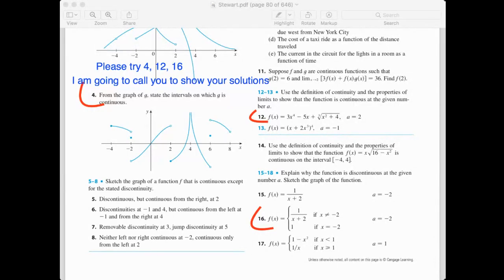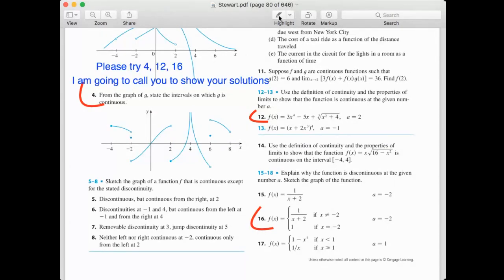For number 4, the continuous intervals are [-4, -2), then (-2, 2), and [2, 4), (4, 6), then (6, 8).